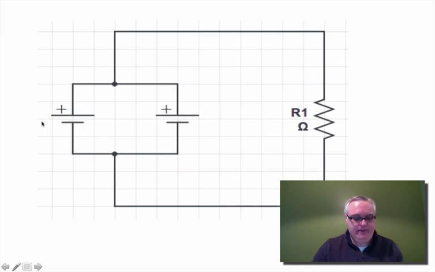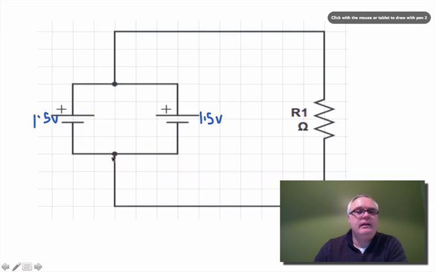if we have two 1.5 volt batteries connected together in parallel, the current that is flowing through this circuit doesn't pass through each battery.